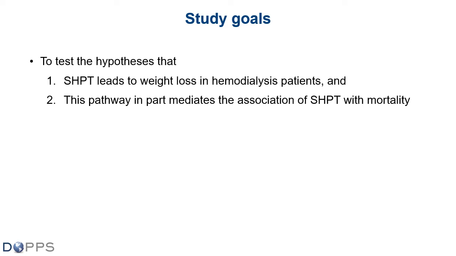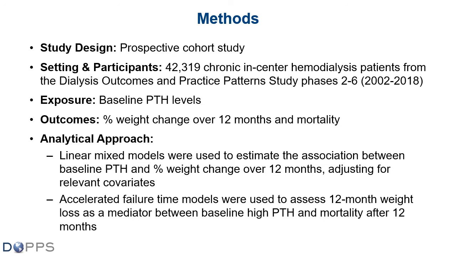So the purpose of this study was to test the hypothesis that secondary hyperparathyroidism leads to weight loss in hemodialysis patients, and this pathway in part mediates the association of secondary hyperparathyroidism with mortality. To do this, we analyzed data from the DOPS, an international prospective cohort study of hemodialysis patients.